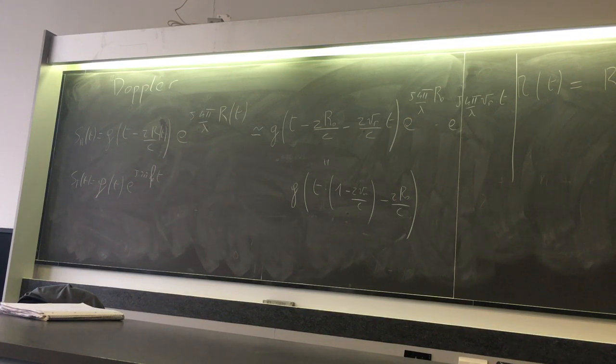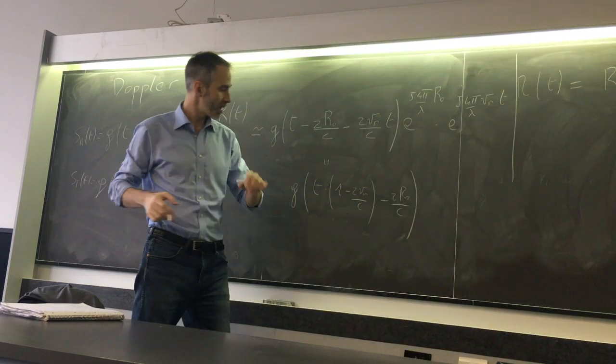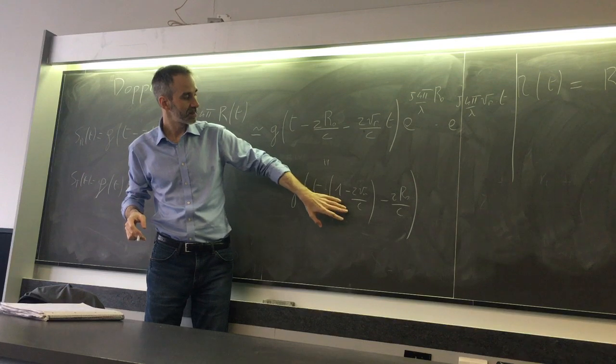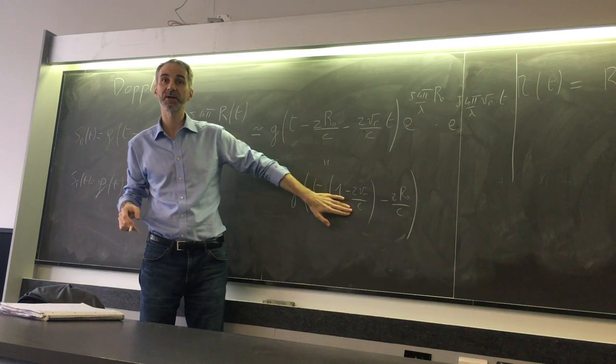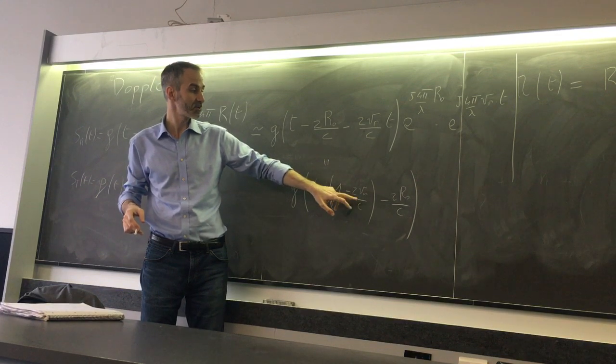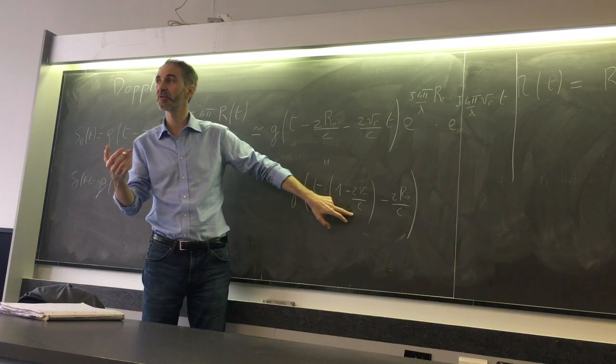Is this really the case? Well, you might want to notice that this dilation or contraction factor is 1 minus the ratio between the target velocity and the speed of light.